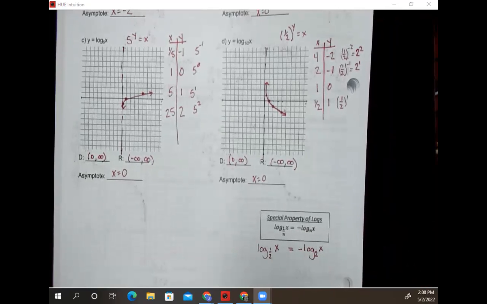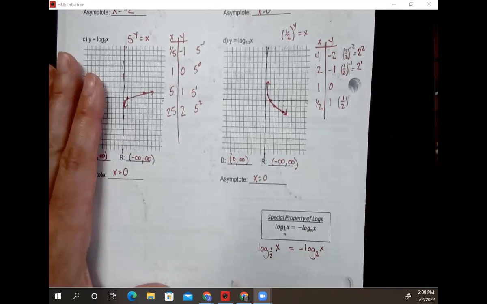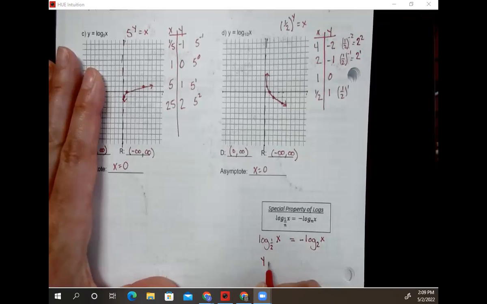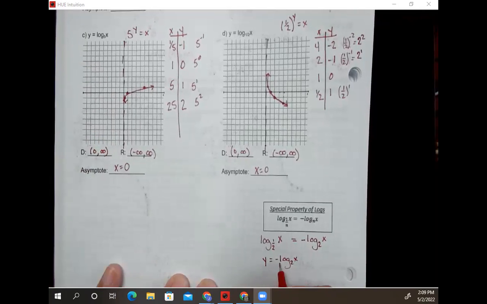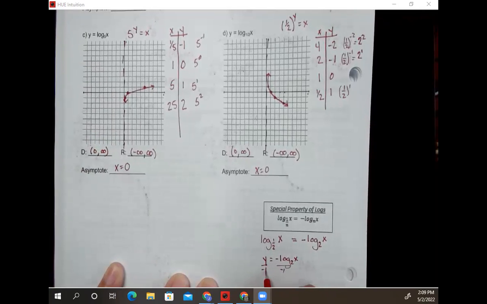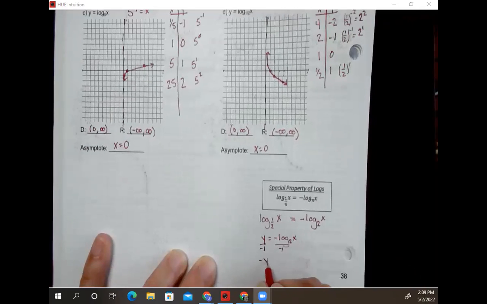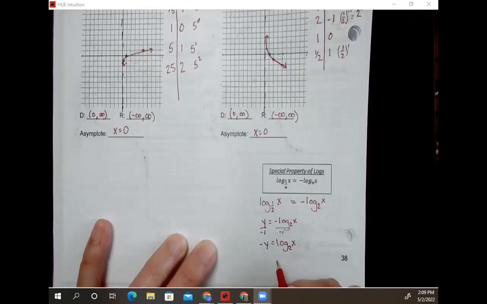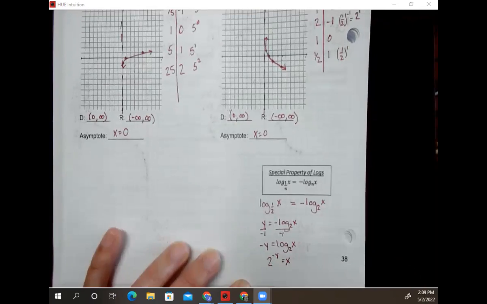This is another way I could represent that. Now, if I wanted to use this alternate form instead, y equals negative log base 2 of x, if I were to rewrite this, I'd have to start by getting rid of that negative. So I would get negative y equals log base 2 of x, and then rewriting, I would get 2 to the negative y equals x.